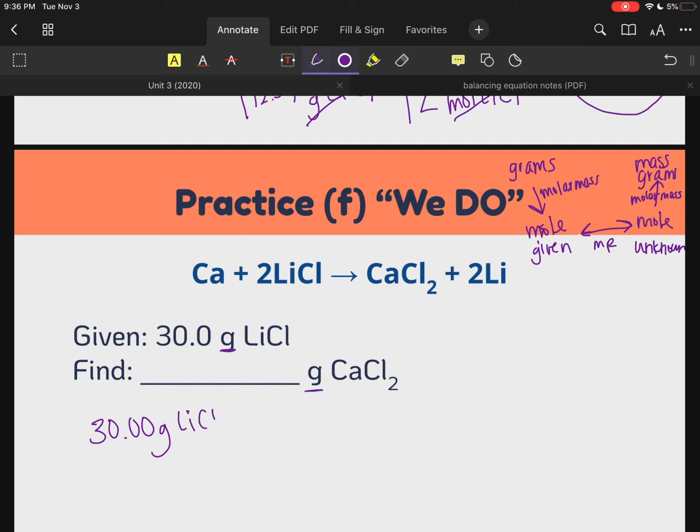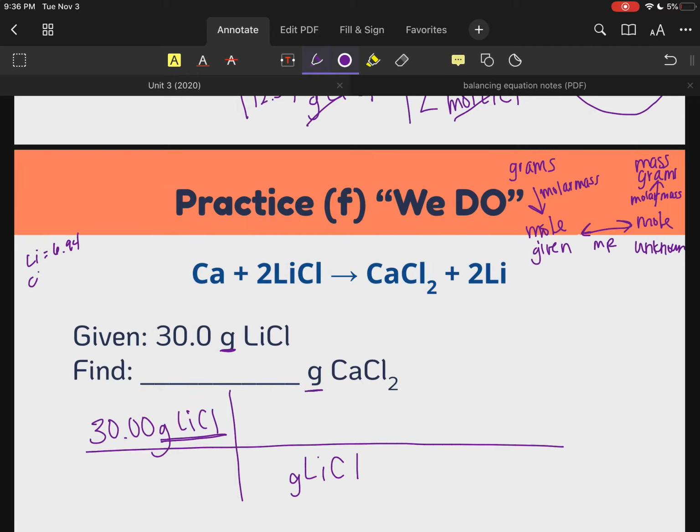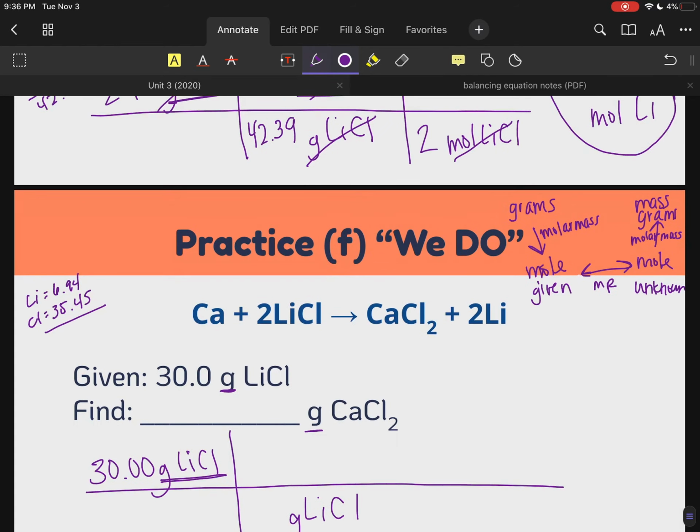So let's take a look. Always start with what you're given. Because I have grams of lithium chloride up here, I have grams of lithium chloride on the bottom. How do I find my molar mass? Lithium is 6.94. Chlorine is 35.45.